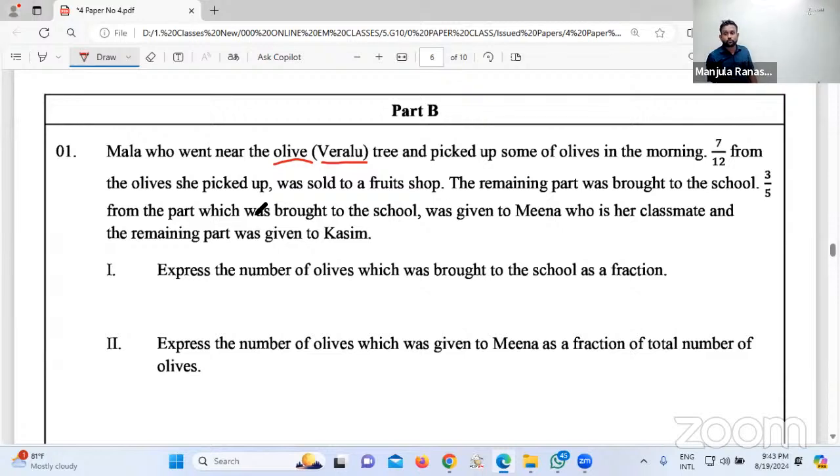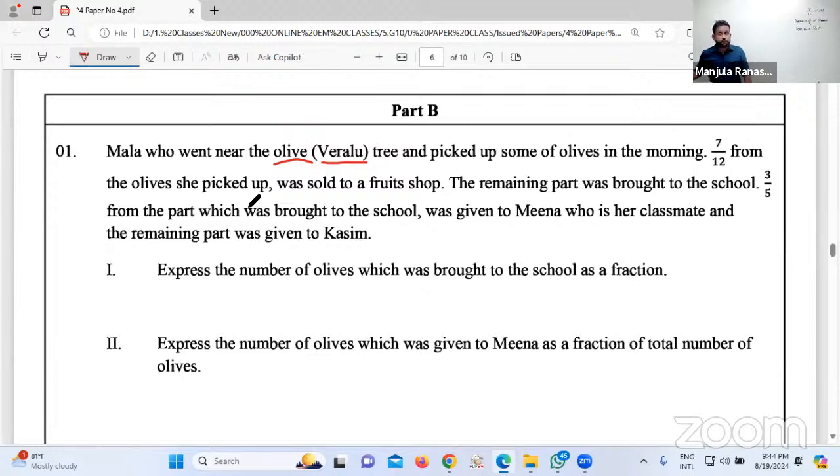The remaining part was brought to school. 3/5 of the remaining was given to Meena, and the remaining part was given to Kasim. After giving to all, Kasim received the rest. Rest means the final part.